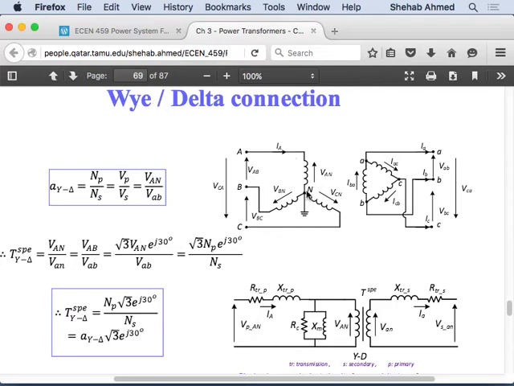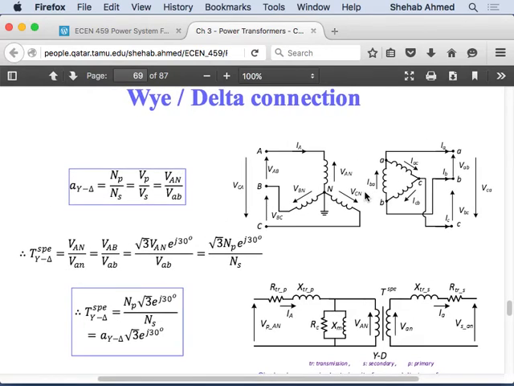This is the phase voltage on the primary, and it's on the same core with this winding, and this winding is actually producing the line voltage VAB on the secondary side. So that's why in a star delta and delta star transformer, the ratio of the terminal voltages is not the ratio of the turns of the transformer, right?